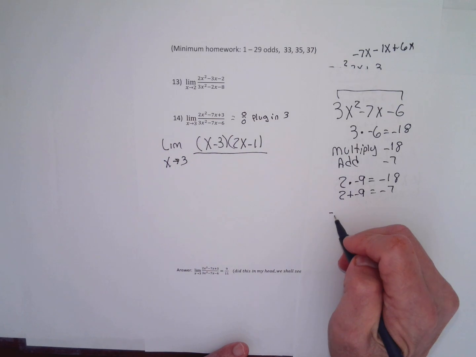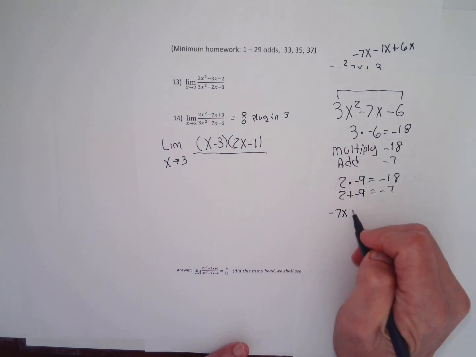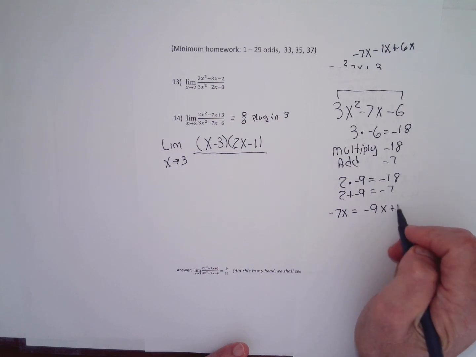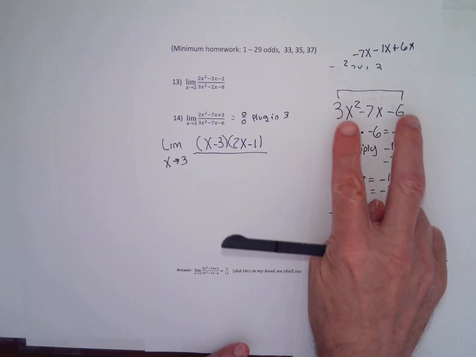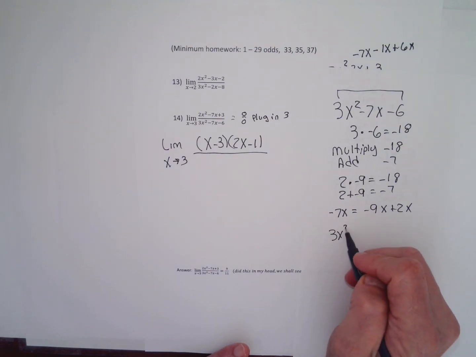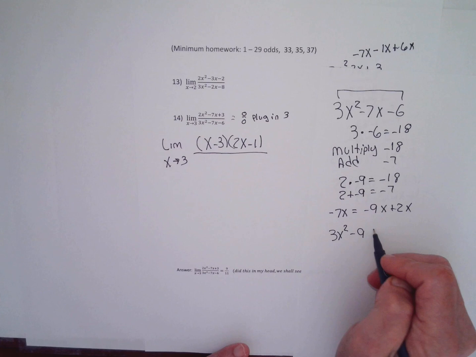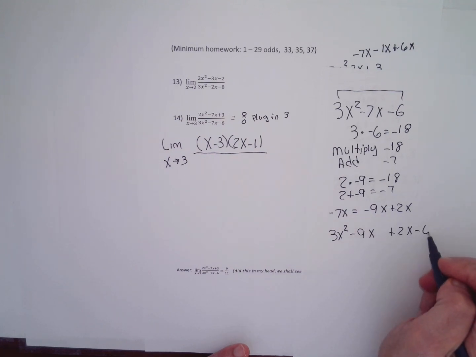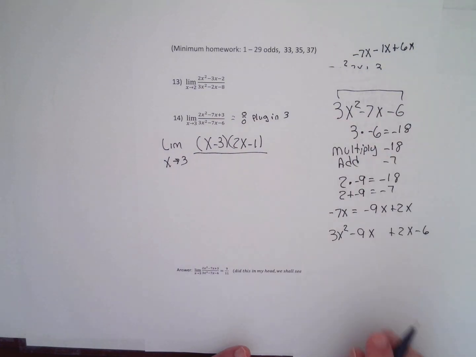What I'm going to do with the negative 7x in my problem is I'm going to rewrite it as negative 9x plus positive 2x. So I'm going to take my problem, rewrite it with 4 terms. If there's a negative and a positive, it's well worth your time to put the negative first and the positive second. So in my efforts to factor that, one strategy that works is factoring by grouping.